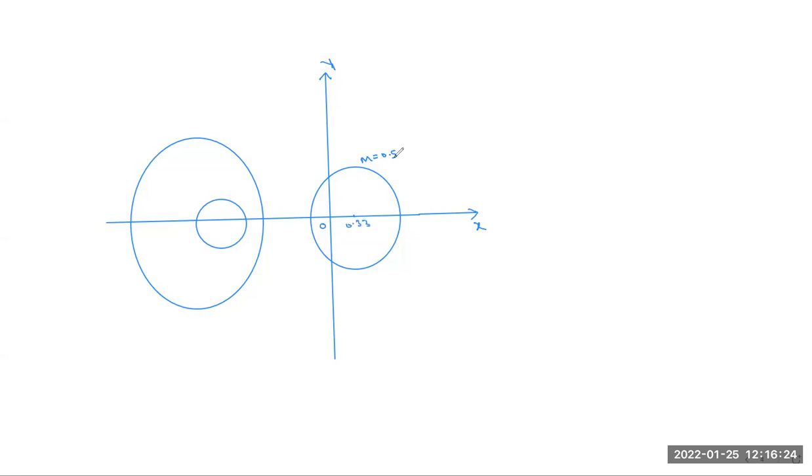And when M equals 1, in the table you have to follow, when M equals 1, the center is infinite, and the radius is also infinite.